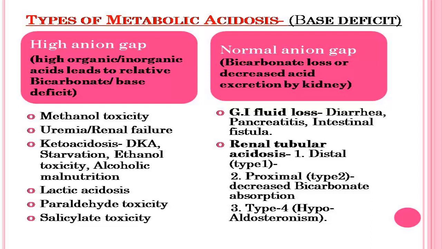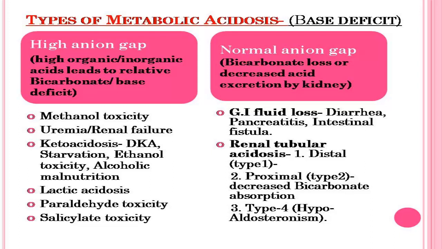Now coming to the normal anion gap metabolic acidosis that is present in this example on this chart. Now here GI fluid loss, that is diarrhea, pancreatitis, intestinal fistula, whenever there is fluid loss from the lower gastrointestinal tract, there will be normal anion gap metabolic acidosis.